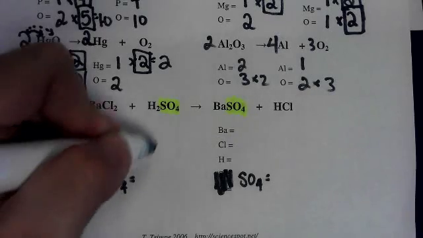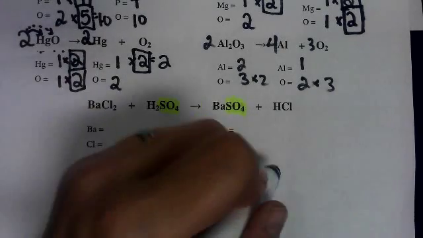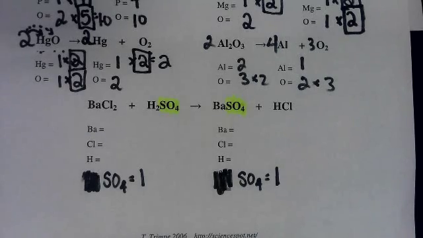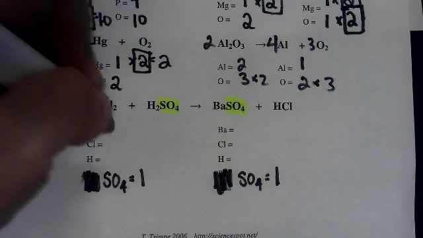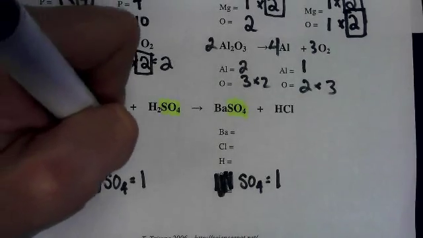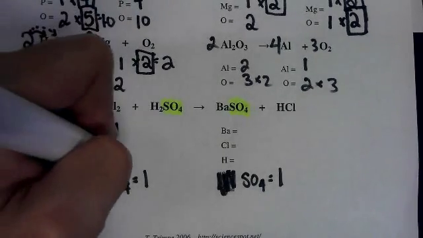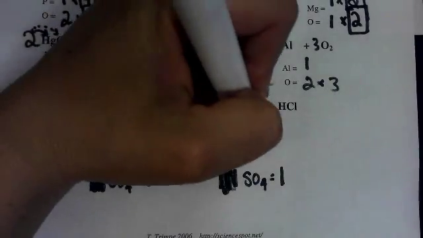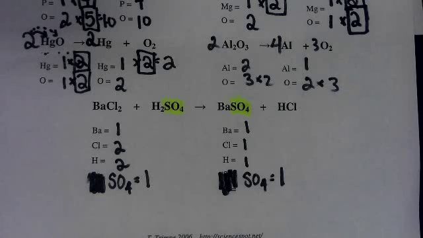So you can count each of these as being 1 SO4. It will just make your balancing a little bit easier. So barium 1, chlorine 2, hydrogen 2, barium over here 1, chlorine 1, hydrogen 1. And now you can see where you need to do your balancing.